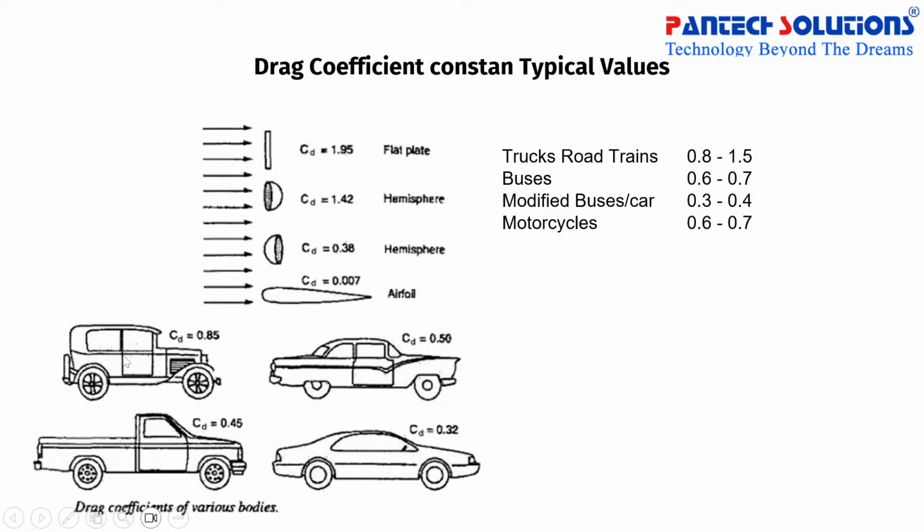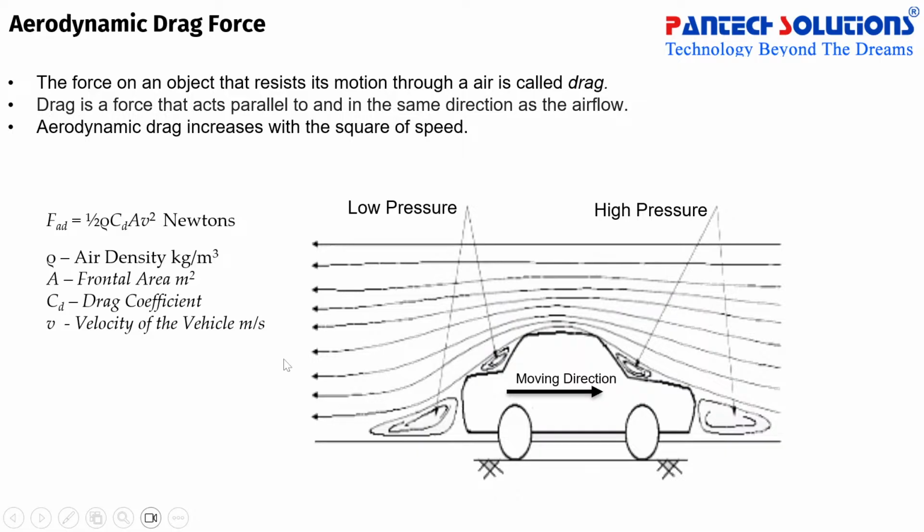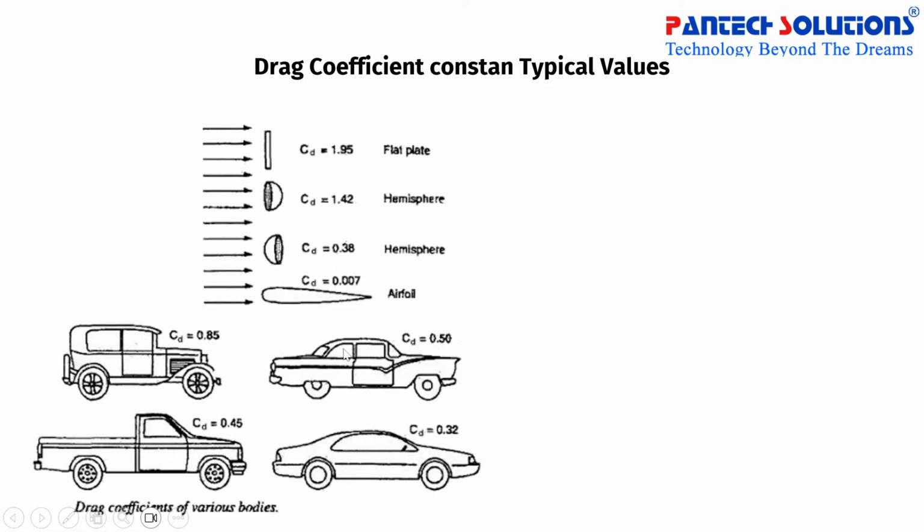This kind of vehicle faces more air density forces, so the drag coefficient is 0.85. Suppose I am capturing this kind of vehicle: comparing to the previous vehicle, I face a smaller drag coefficient. The reason is that the L type is a little bit sloped, so I get 0.50. For example, this one is 0.45 and this one 0.23. So this is the aerodynamical drag force.